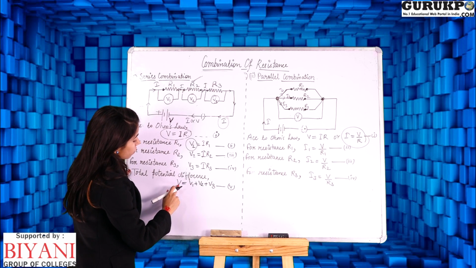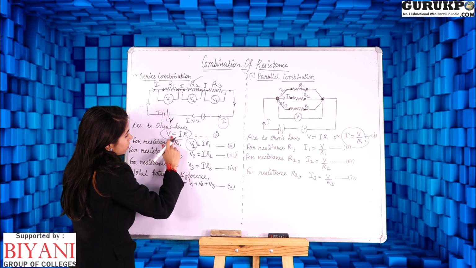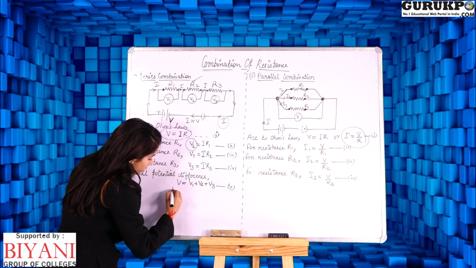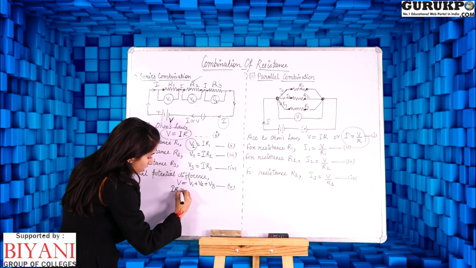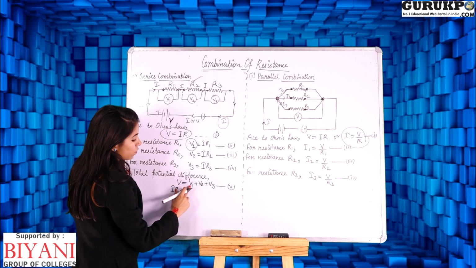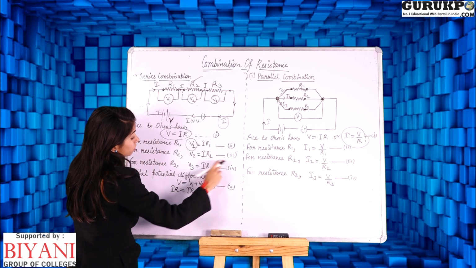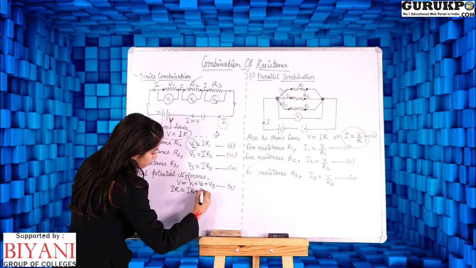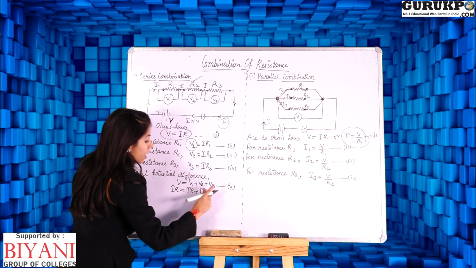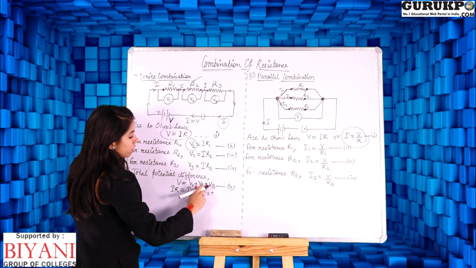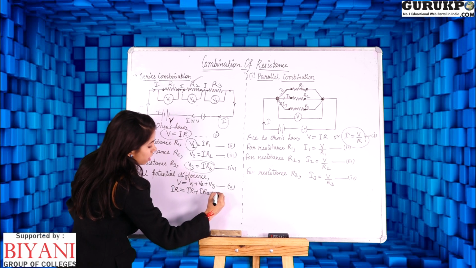So, from equation number 1, V is equal to I into R. So, let us substitute this I into R. From equation number 2, V1 is equal to IR1, so IR1, plus from equation number 3, V2 is equal to IR2, and from equation number 4, V3 is equal to IR3.